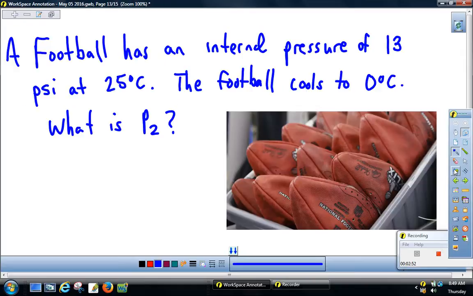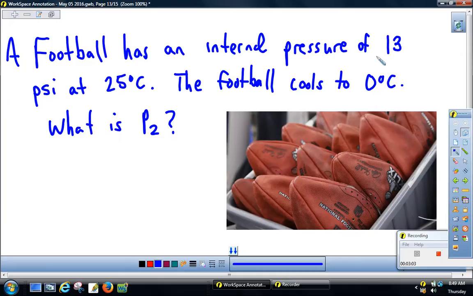Quick question, going back to Deflategate, one of the things that the Patriots said could have happened is they inflated the footballs inside, where let's say the temperature is 25 degrees Celsius, roughly 80 degrees Fahrenheit. Then when they went out where they played the game, it was colder, so the footballs would have cooled down to roughly the freezing point of water, 0 Celsius.